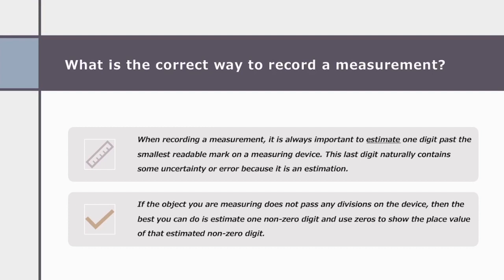And the second thing is that if we're measuring an object that is not long enough to pass any of the divisions on our device, then we're really just making an estimate about that measurement or the length or whatever it is that we're measuring. When we do that, we only want to estimate one non-zero digit, and then if we need to, we can use zeros to show the place value of that non-zero digit. If you're unsure about that last one still, we're going to do an example on the next page that will hopefully clear that up.